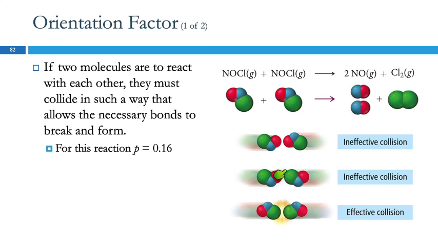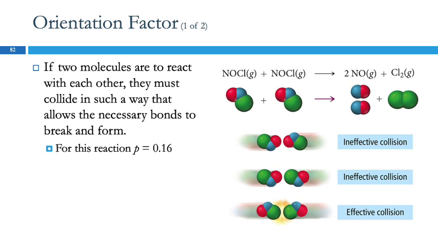If a red one and a green one bump into each other, nothing's going to happen. We're only going to have an effective collision if a green one bumps into a green one, because those can react and they're going to form the Cl2, and then we're going to be left with NO. So the blue and the red will get kicked off. So it has to be in the right orientation.